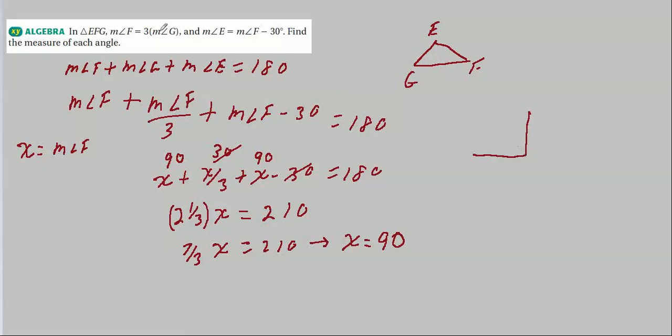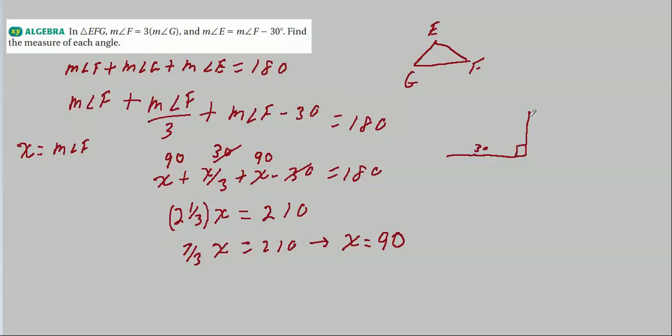G is 1/3 of that, so this should be a 30-degree angle. And this has to be 60 degrees. And up here, since the measure of angle F is 90, minus 30 is 60. And you could also figure that out from the fact that this is a right angle.